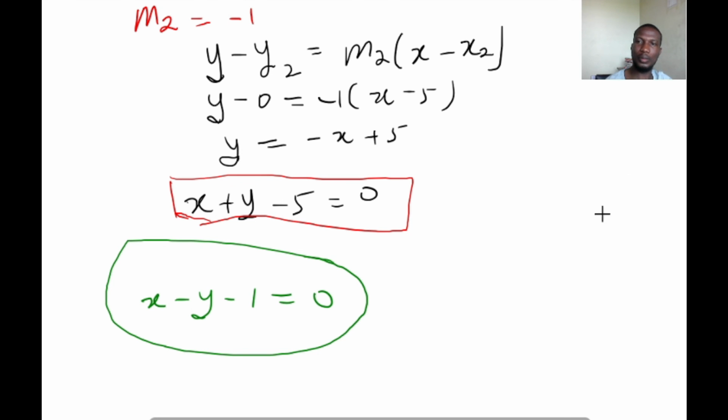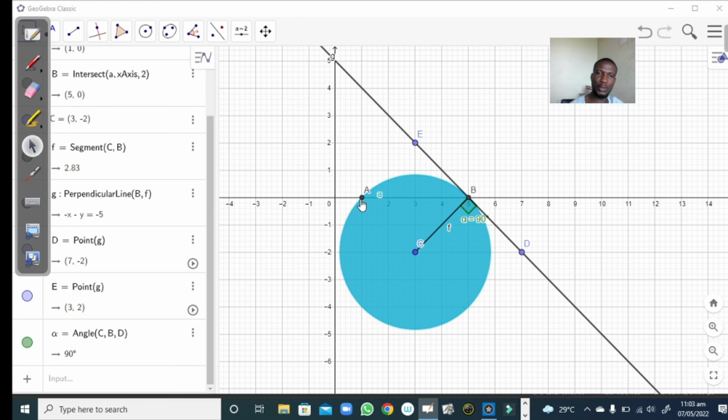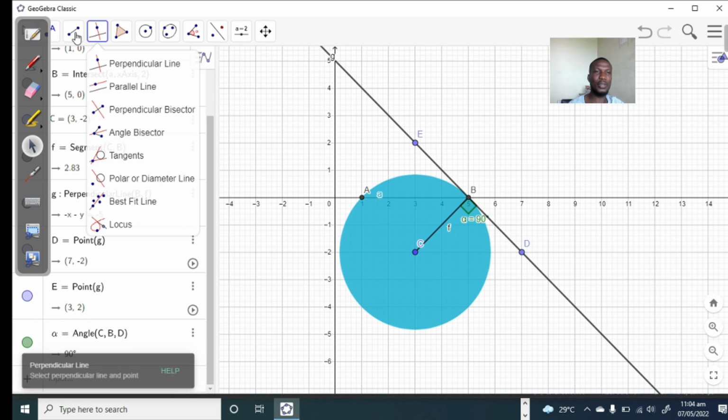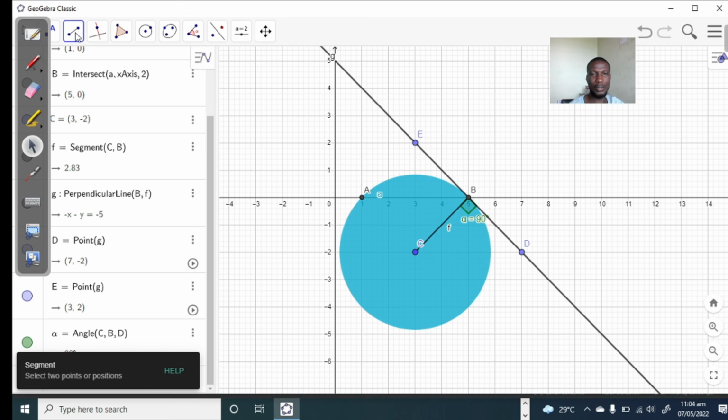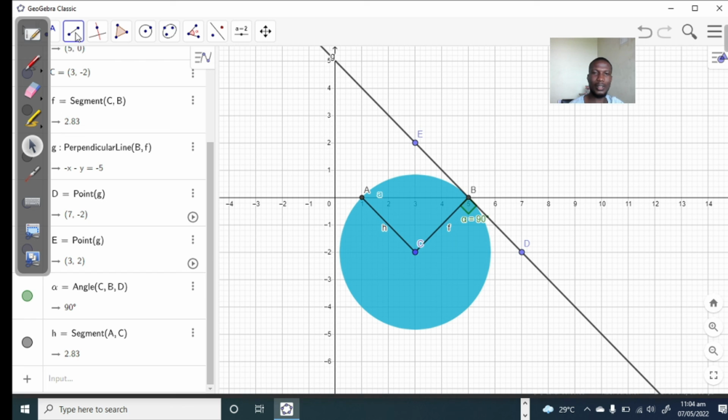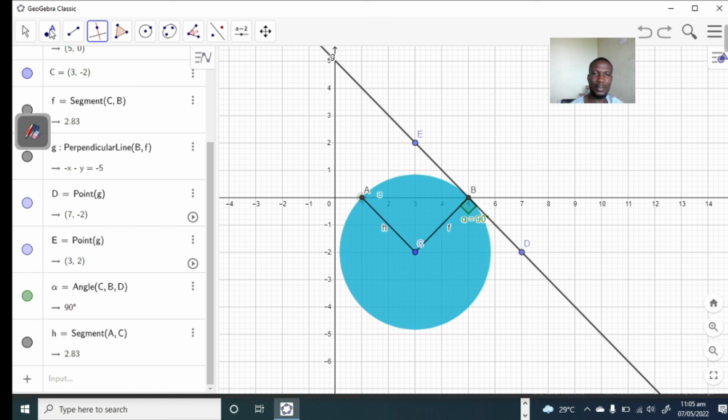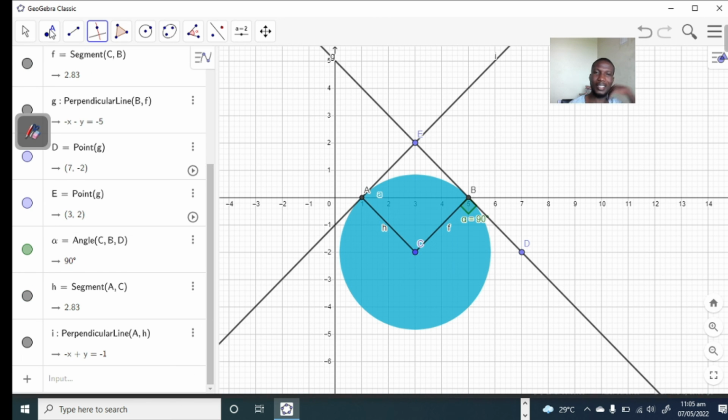So let me join here first to get my radius AC. Then I'm talking about the gradient of this tangent. The equation of this tangent is x minus y minus 1 equal to 0.